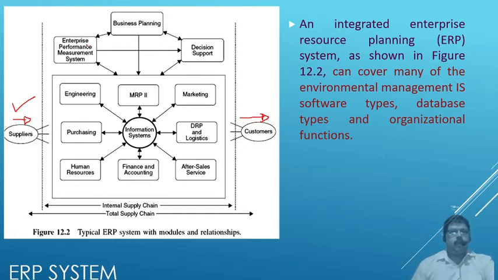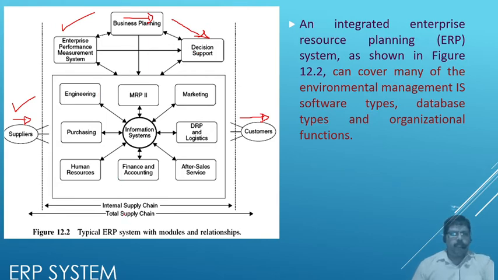In the enterprise, the enterprise performance measurement system measures the needs of the enterprise, and certain business plans are made. Accordingly, the decision support system, the DSS, provides some support for the enterprise.